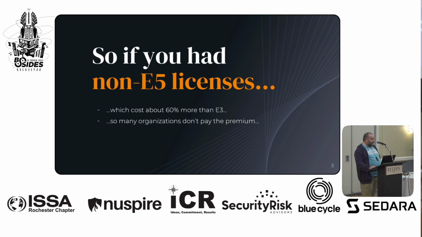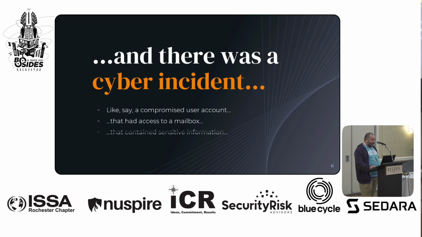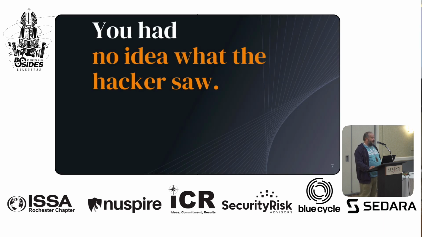If you were an org without E5 licenses, which, by the way, cost about 60% more than an E3 license, and because of that, a lot of organizations do not pay for that premium licensing. So if you are one of those organizations and you had a cyber incident, like, let's say, a compromised user account that had access to a mailbox that contained sensitive information, you had no idea what the hacker had seen.